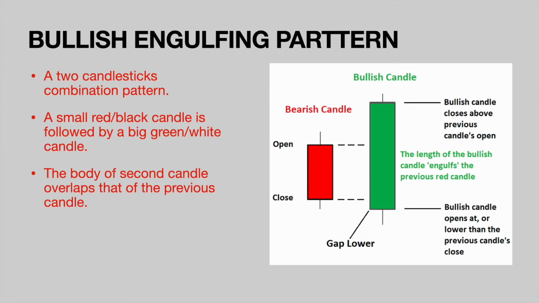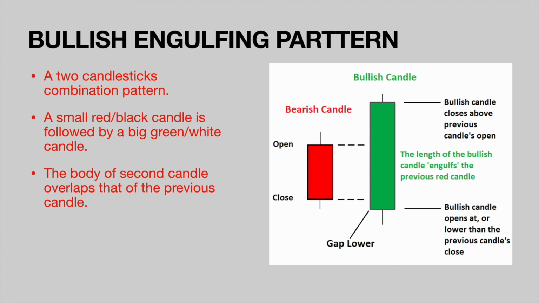Now, the bullish engulfing candlestick pattern is where we have first of all the red candle, which is the bearish candle, a small one, that is followed by what? A big green one. The body of the second candle, the green candle, overlaps the body of the previous red candle. Looking at our diagram here, you can see the red candle is actually small. You can see the open and close, it opened on the top and closed below.